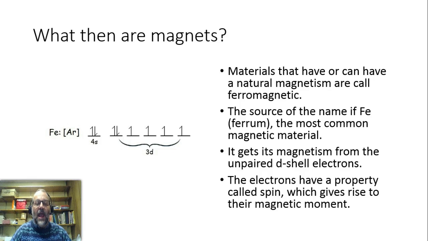If you look at the electrons that are paired up, there's one like this and one like that, and essentially they have magnetic fields that cancel out. Well, the unpaired electrons then give you excess magnetic field. It's this magnetic field from these unpaired electrons that gives rise to magnetism in iron.